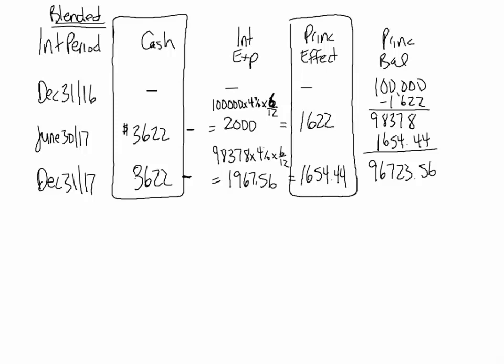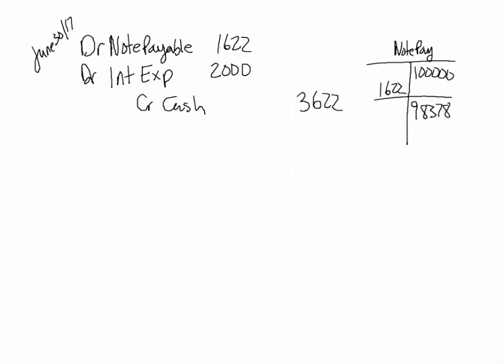What would our entry look like at this point? Well, our entry at December 31st, 2017 will again be a credit to cash, and you'll notice that the credit to cash is still at $3,622.